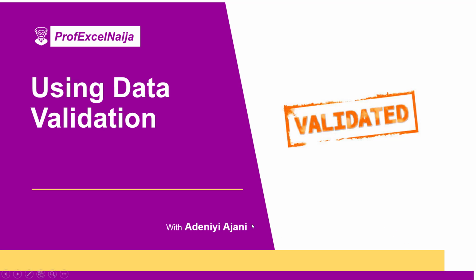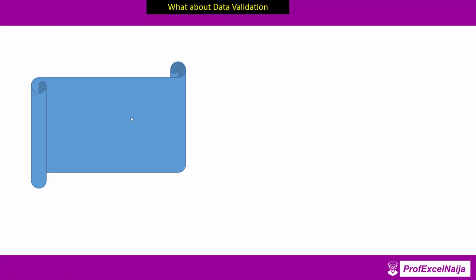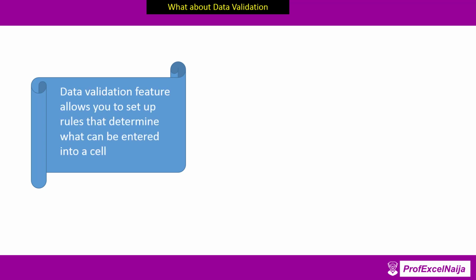In this lesson, we'll be looking at data validation. By default, all the cells in Excel take anything without restriction. But it is interesting to know that Excel has a tool that allows you to set rules which will determine what can be entered into a cell.